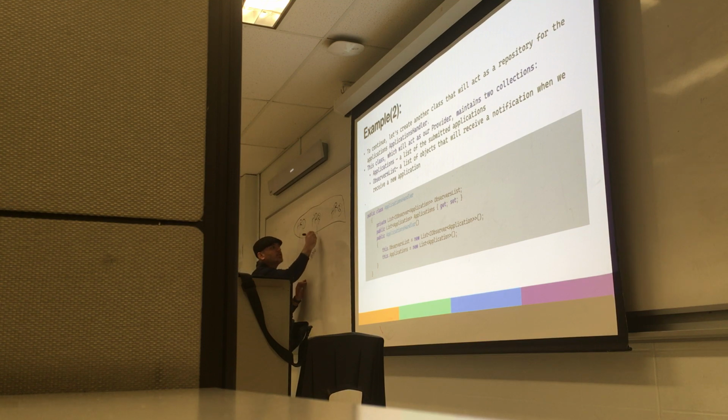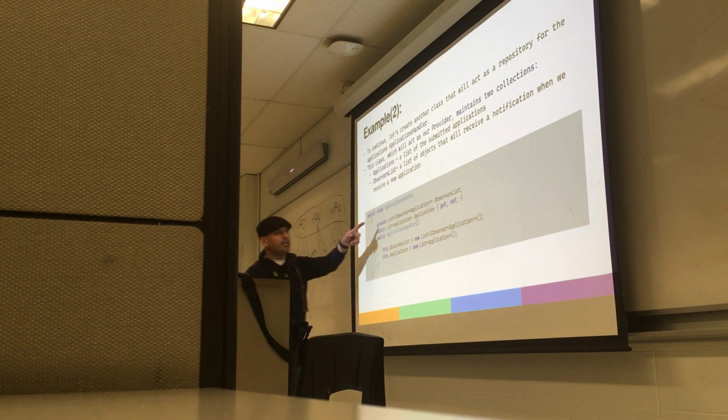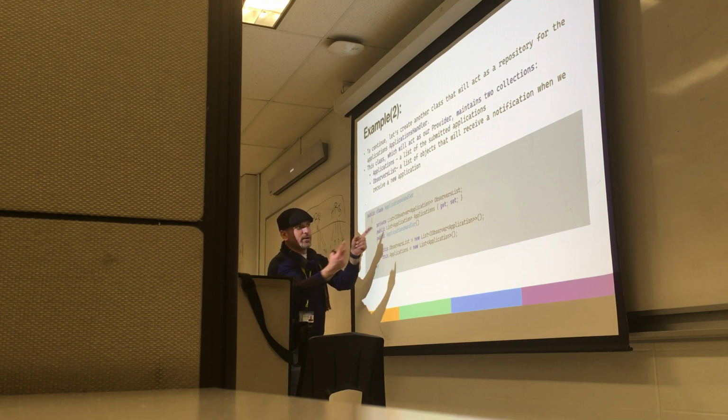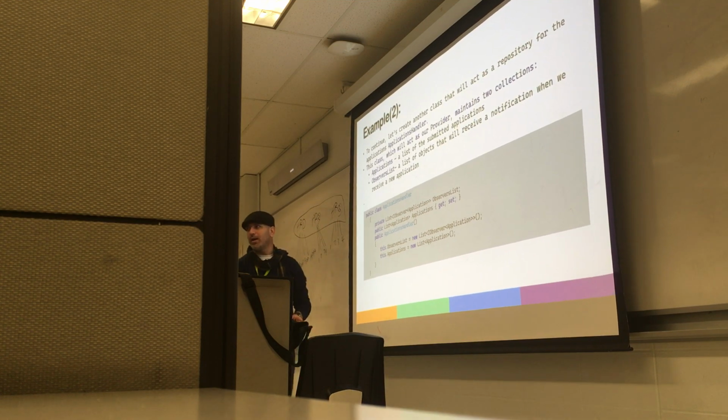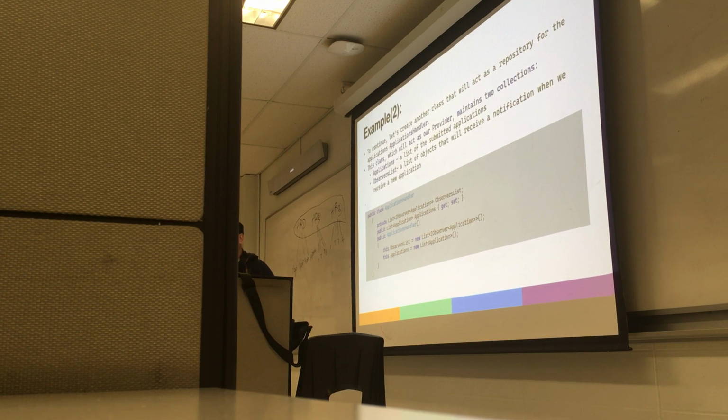HR2 is the same, with access to applications 1, 2, 3, 4, the same applications. This means each HR in the observer list has a list of applications. Is it clear?